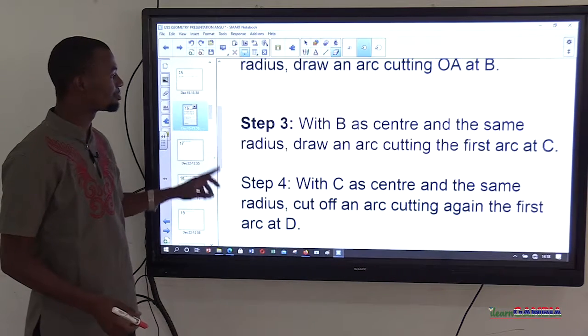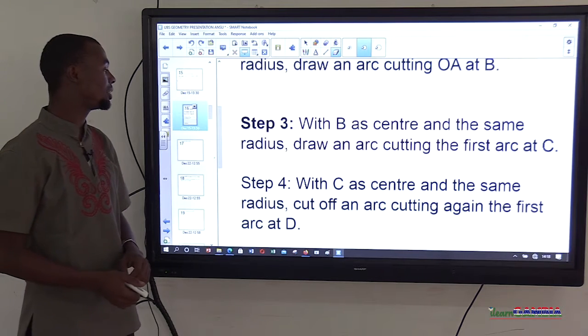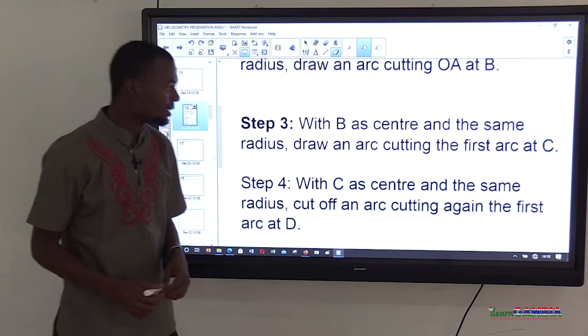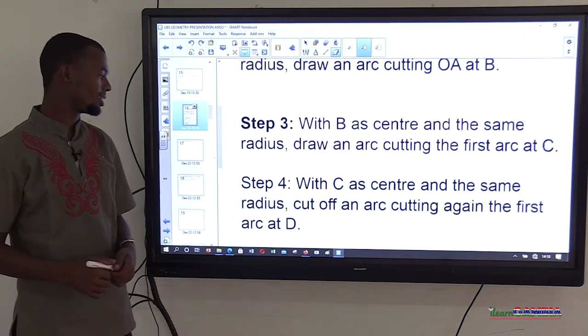The third step, with B as the center and the same radius, draw an arc cutting the first at C.